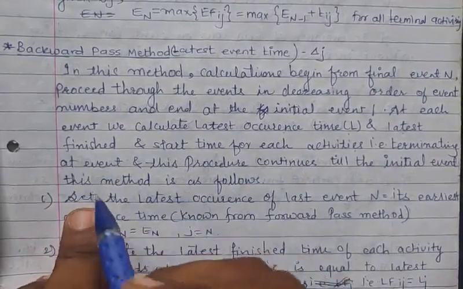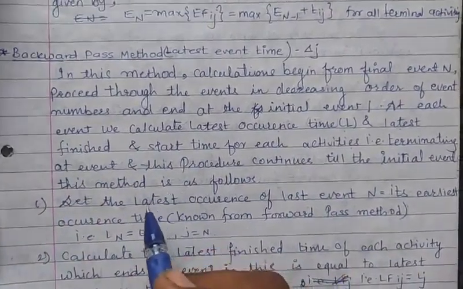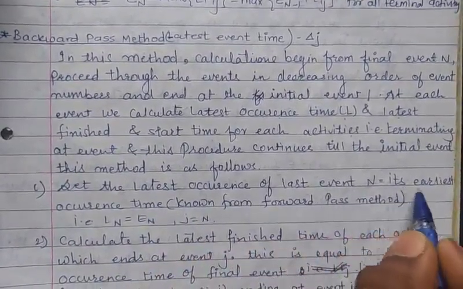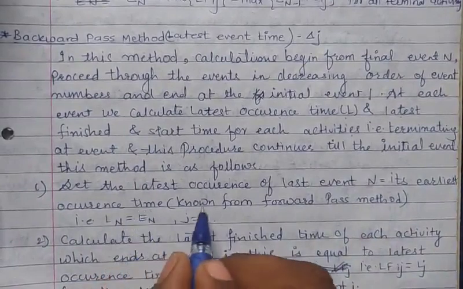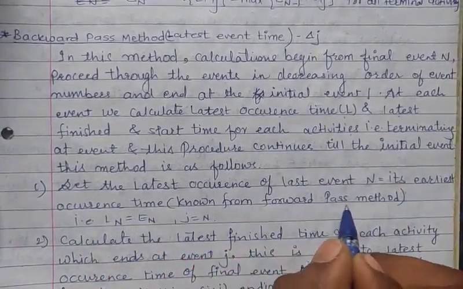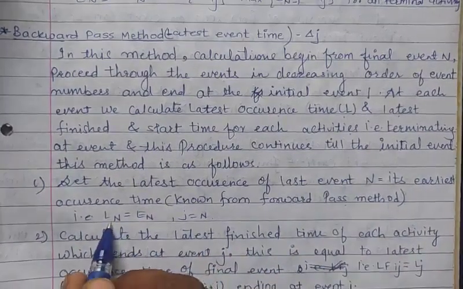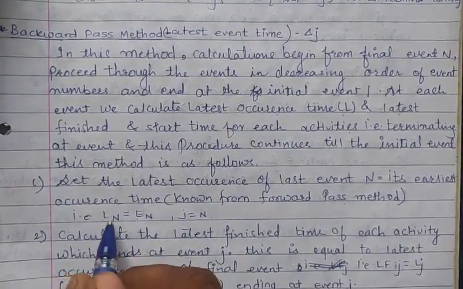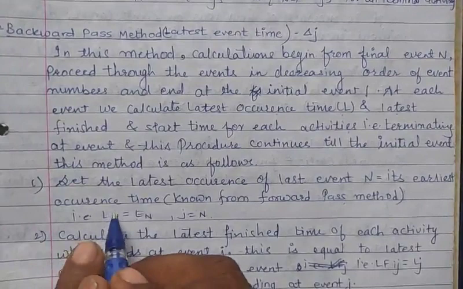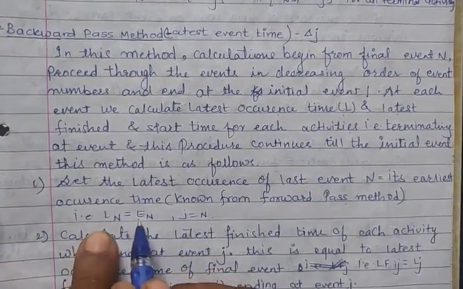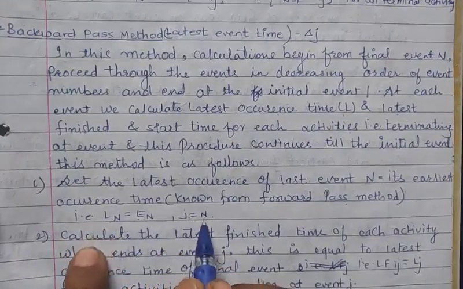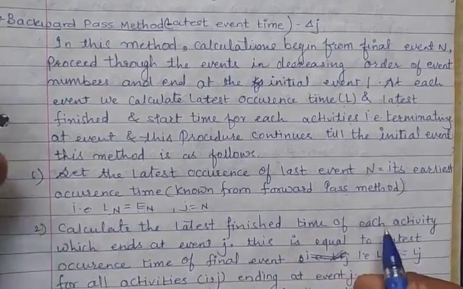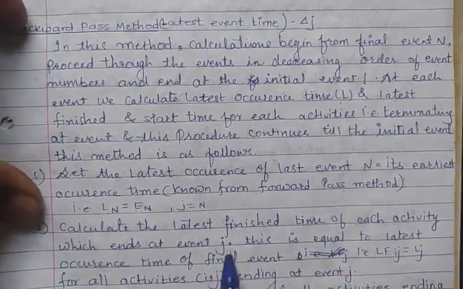Let's see how the backward pass method is used in a network diagram. Set the latest occurrence time of the last event n; its earliest occurrence time is known from the forward pass method, that is, substitute Ln equal to En, where j is equal to n. Now calculate the latest finish time for each activity which ends at event j.